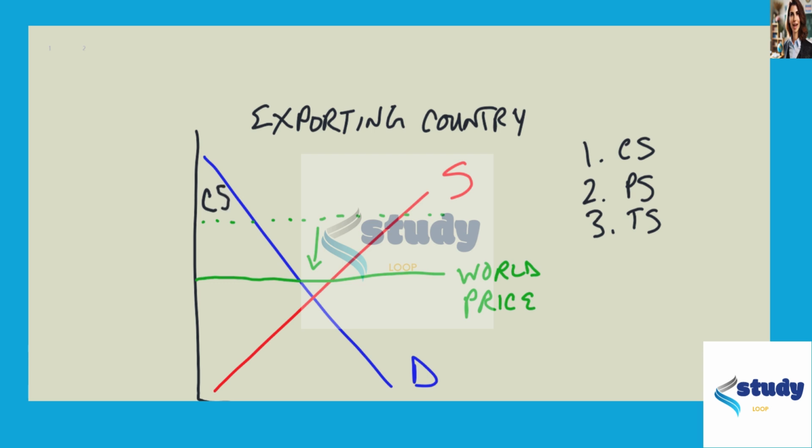You're looking at a consumer surplus, that small triangle there. It's everything above the dotted line to the left of the demand curve. And the producer surplus, on the other hand, is going to be much bigger. In fact, it's going to be this entire triangle here.